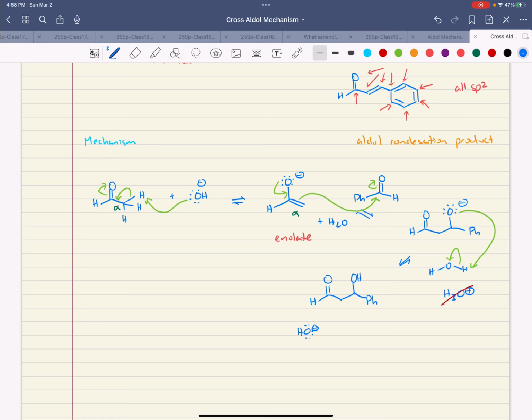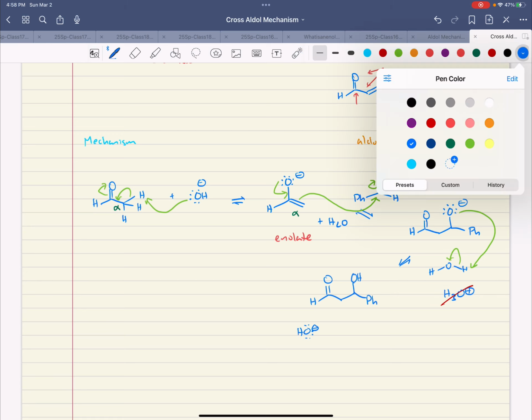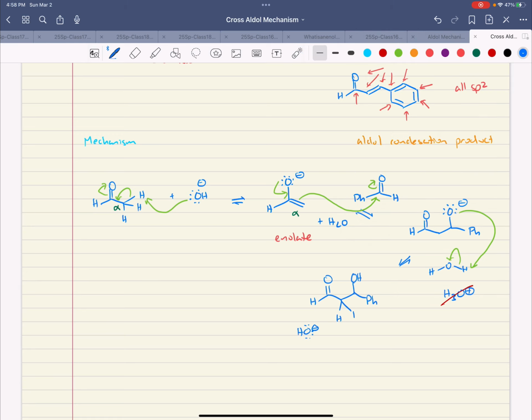And the way that you do the dehydration on an aldol is you reform the enolate. So we had one enolate already, you see on the screen, and the second enolate is coming up. Just grab that H, make this double bond, and then break that double bond, and we have our second time we see the enolate.